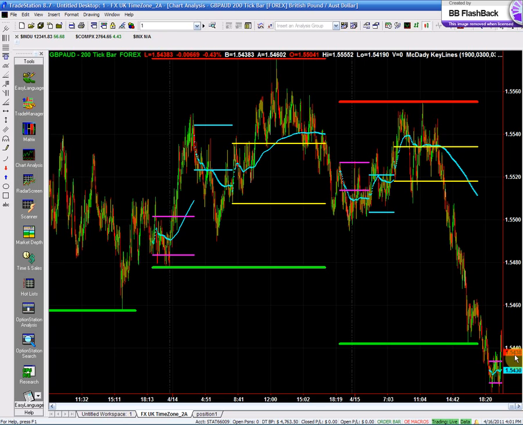I have a minor structure over here, so we can buy. That would be our buying point above 154.77, and if we buy it above 154.77, we are going to place our stop below 154.57. So this is going to be our stop.